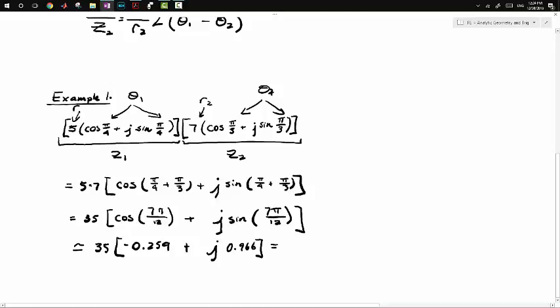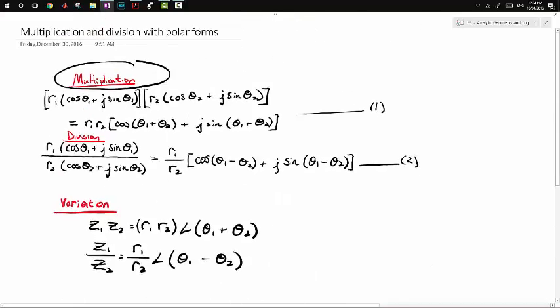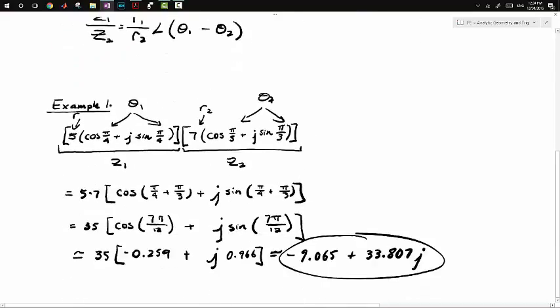So we can distribute the 35 through, and we'll get negative 9.065 plus 33.807j approximately. So that's our answer using the multiplication derivation here, denoted by equation 1.